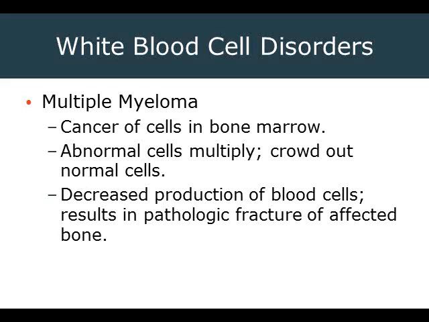So a pathologic fracture would not be a traumatic injury, but something as simple as stretching your leg out could cause a pathologic fracture because it's weakened the bone that badly. The most common complaint that goes with multiple myeloma is severe lower back pain, just from people sitting, and as they sit, it causes some excessive pressures that start to damage the vertebrae.